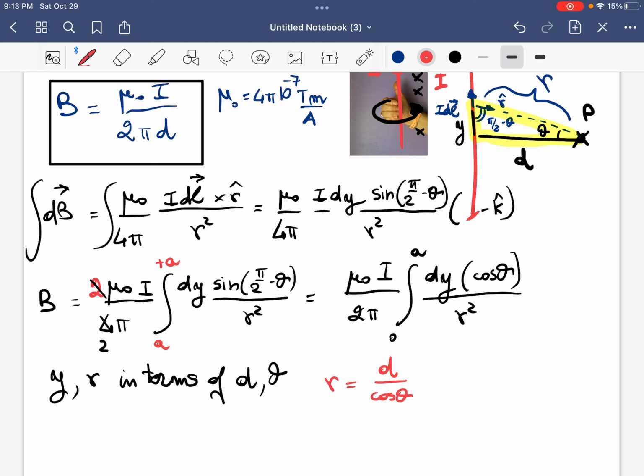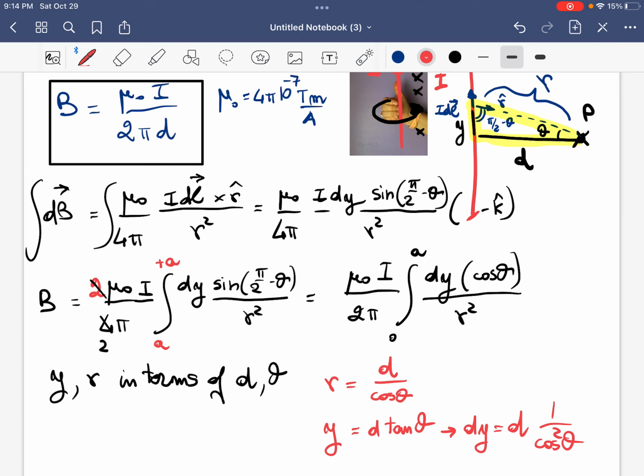And then also y can be rewritten in terms of d and theta as d times the tangent of theta. But what I want in my integral is dy. Therefore, I'm going to derive dy is equal to d, and then I have 1 divided by cosine squared of theta. D, please don't get confused, d is the distance along the x-axis.